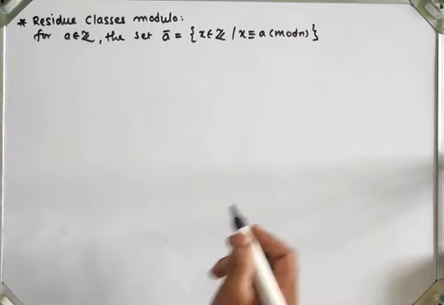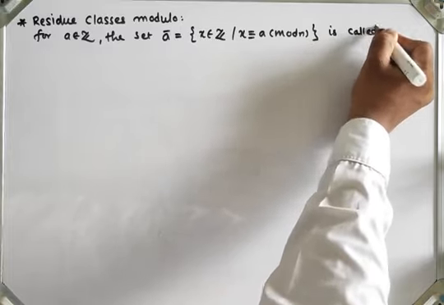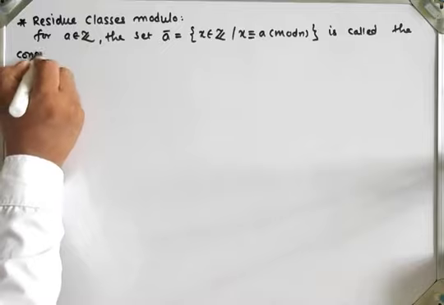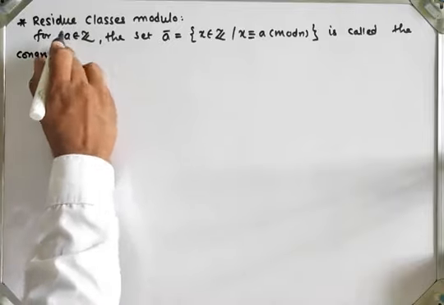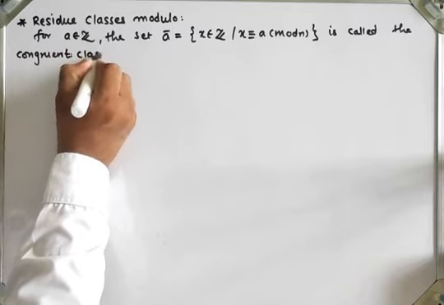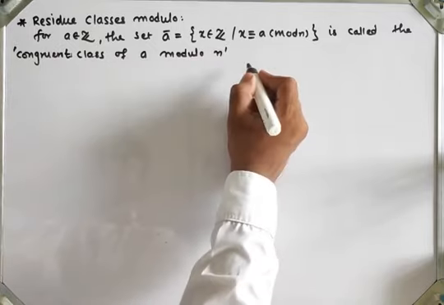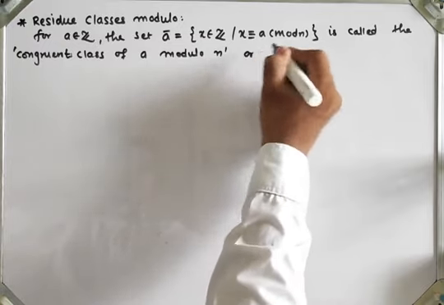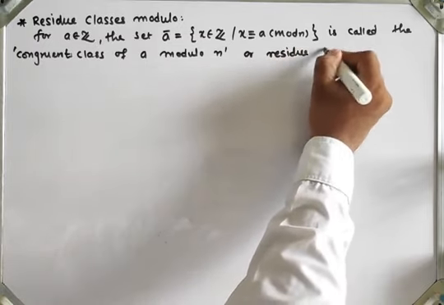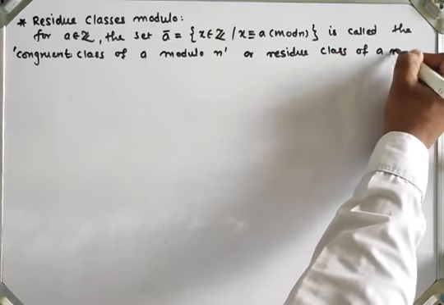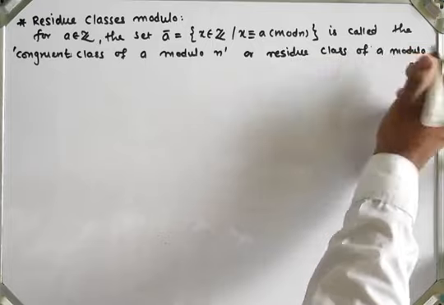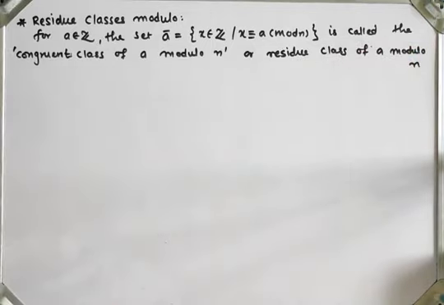It is called the congruence class of a modulo n, or the residue class of a modulo n.